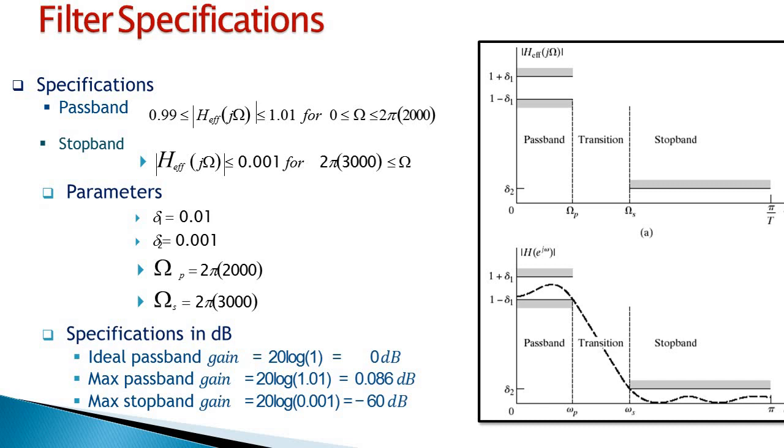See the passband, transition band and stop band are present, and the absolute value of H of jΩ is less than or equal to 0.001 for Ω greater than or equal to 6000π. The parameters are the ripples in the passband and stop band, delta 1 and delta 2, then Ωp the passband frequency, the stop band frequencies, then the maximum passband gain and the maximum stop band gain.